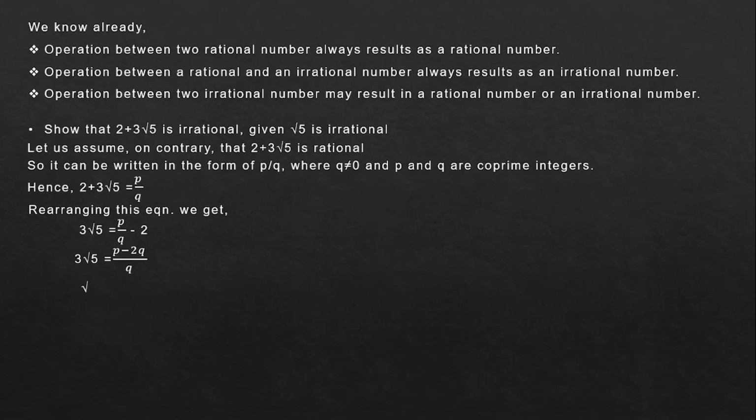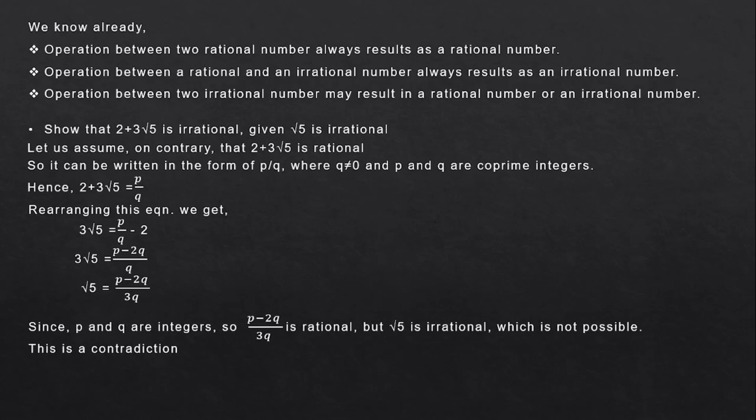On taking LCM, we get p minus 2q by q. And when the 3 is moved to the other side, we get root 5 as p minus 2q by 3q. Now understand, the left hand side is root 5, which is an irrational number, and the right hand side, which has operations between p and q, is a rational number. So we are saying that an irrational number is equal to a rational number.